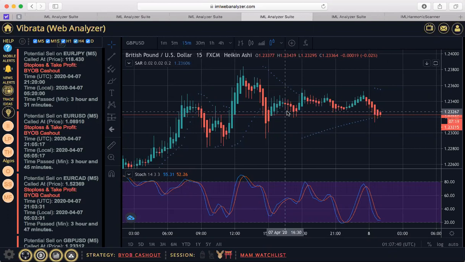So what you're looking for first is your 10 pips and cash out, and then you begin understanding your support and resistance lines. You begin understanding a little market structure, right? From there, that's where you'll begin.